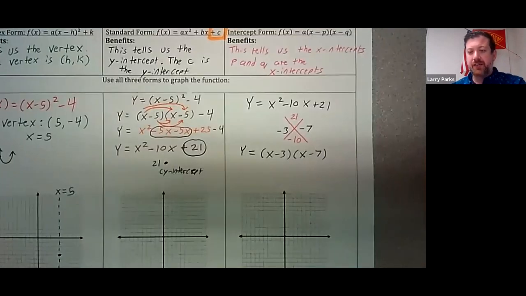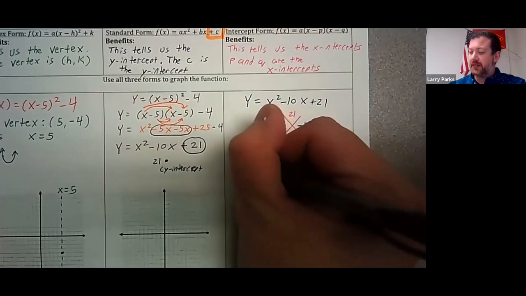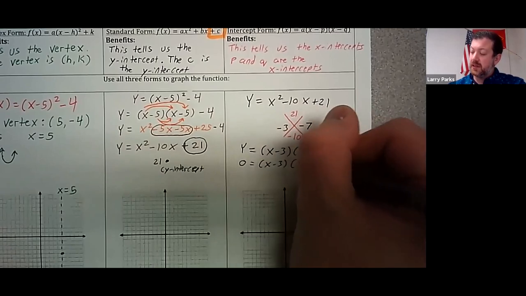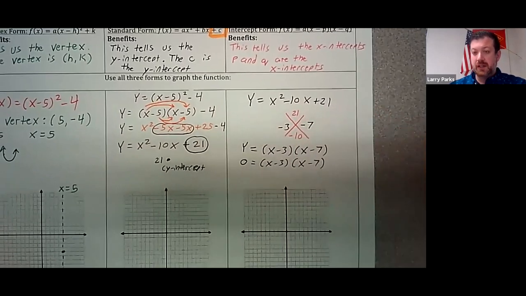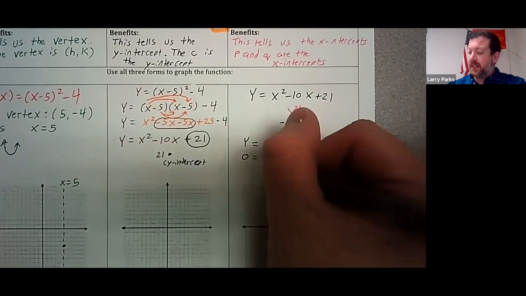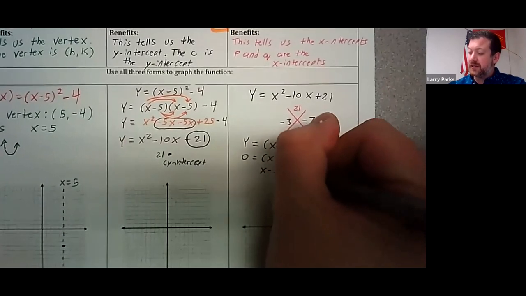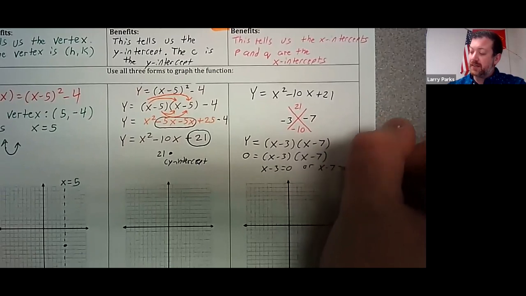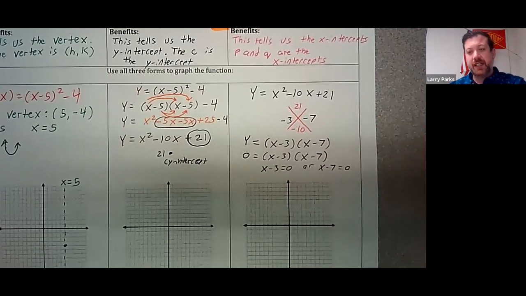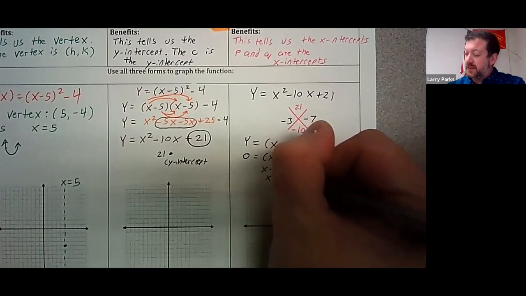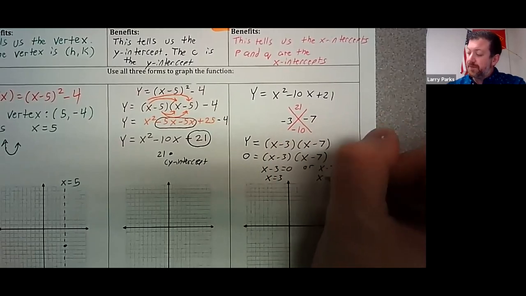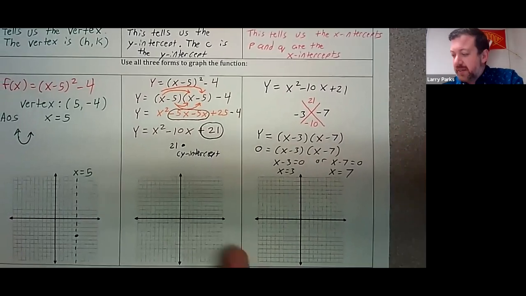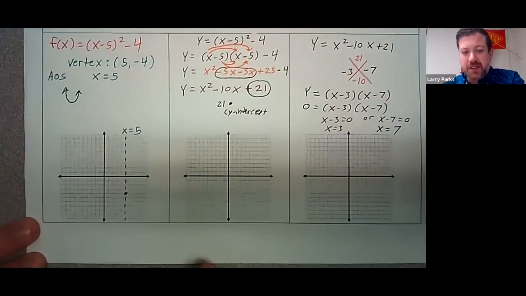Now, if I wanted to find the solutions, I would set this equal to 0. And I get x - 3 is 0, or x - 7 is 0. So I'll get 3 and 7. So I could go to my graph, and I'm not going to graph it 3 different times.